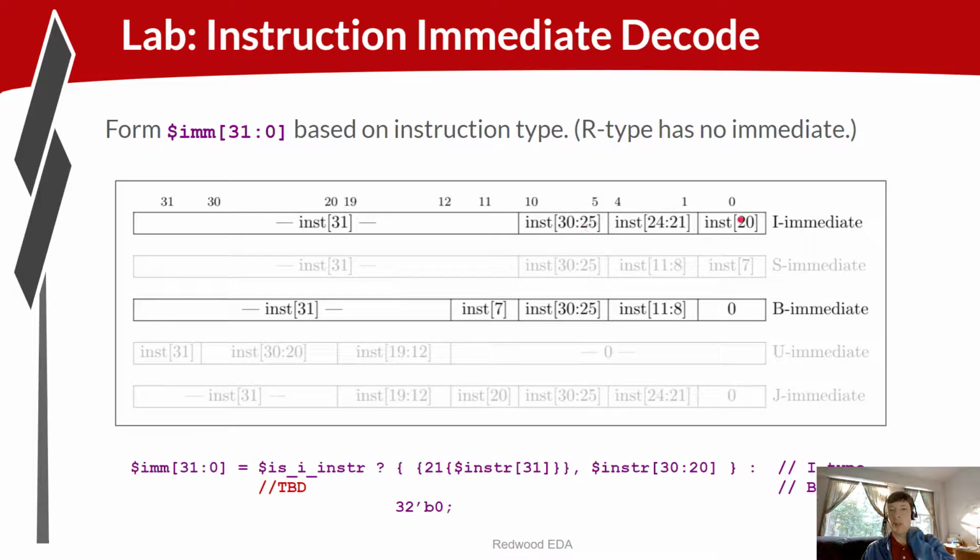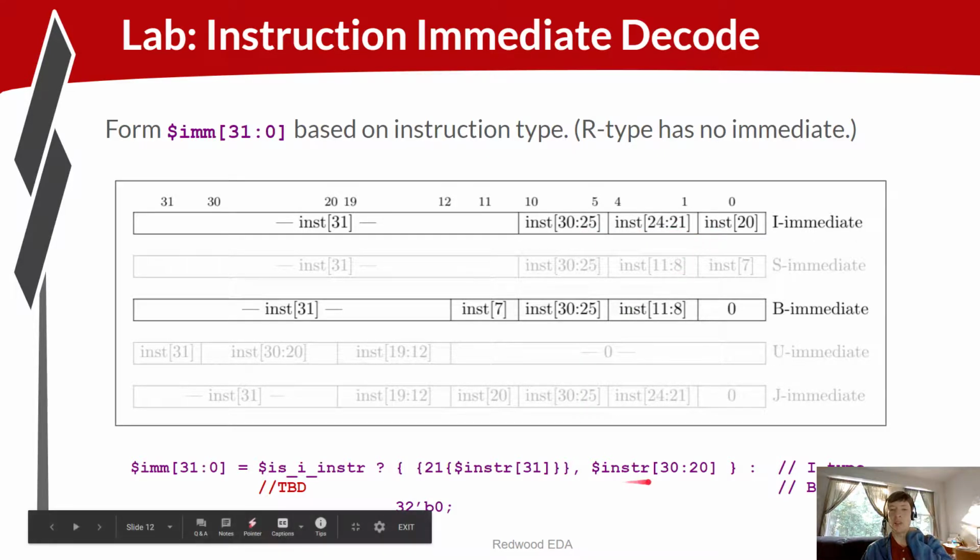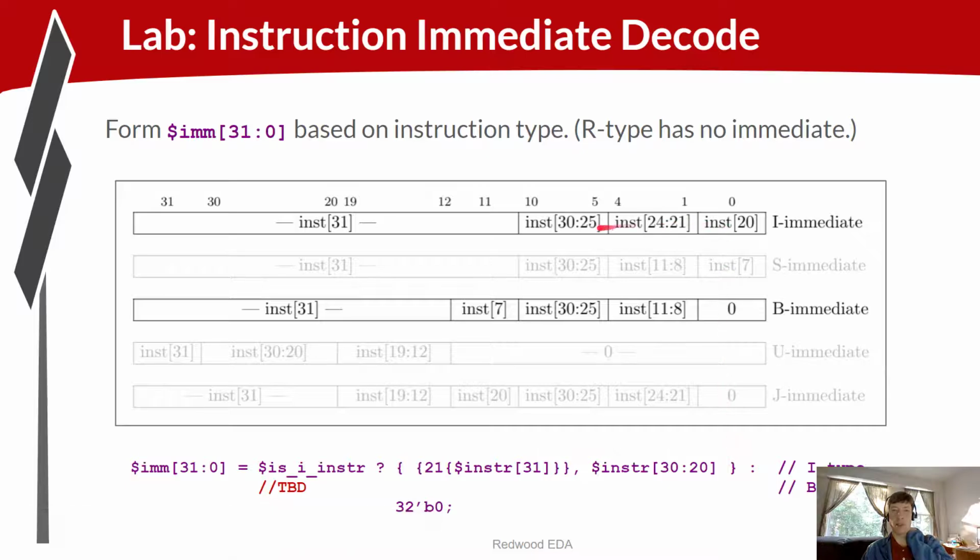And the remaining 3 fields here, actually for I-type instructions, these are actually contiguous bits. You'll notice that this is just instruction bit 30 down to 20. All right, these are all contiguous, and so instruction bit 30 down to 20. And then the outer brace here is for concatenation. So the outer brace and the comma are concatenating these 2 fields together to produce a 32-bit immediate value.